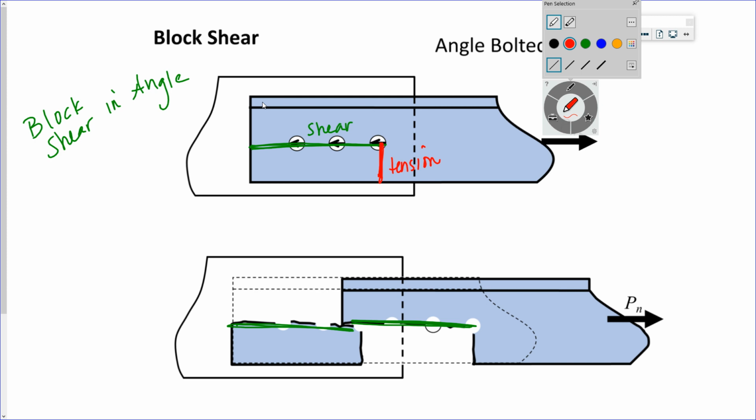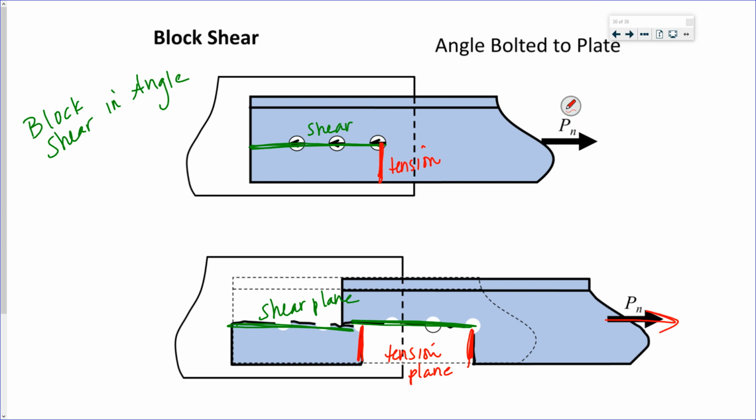Those two used to be connected, and those two used to be connected. This is my shear plane and my tension plane. Shear is parallel to my tensile load. Tension is perpendicular.